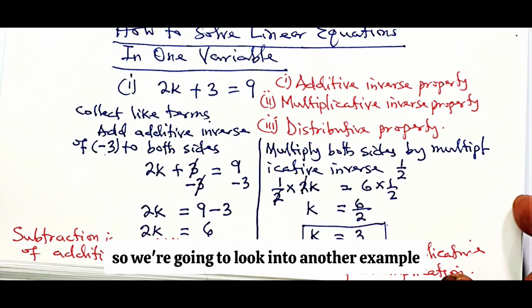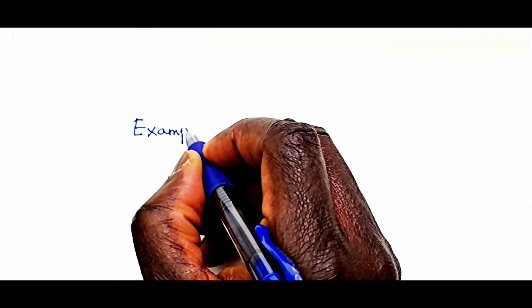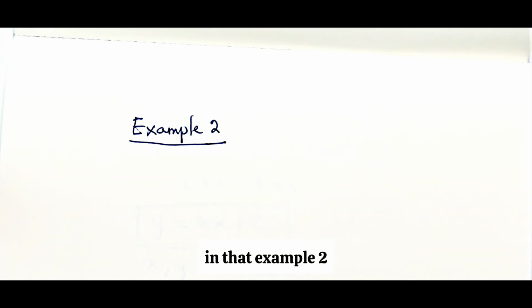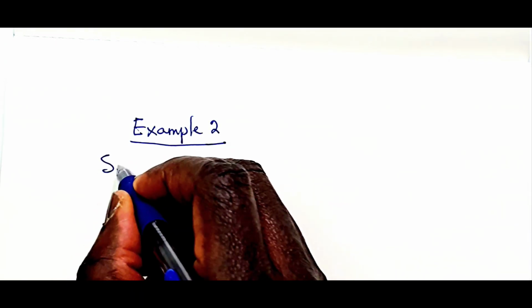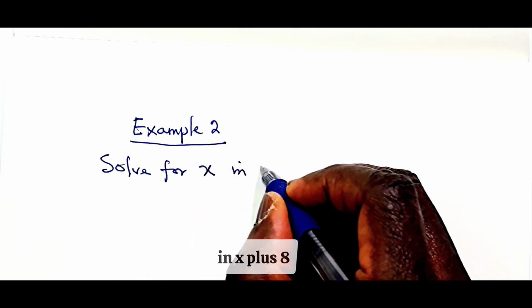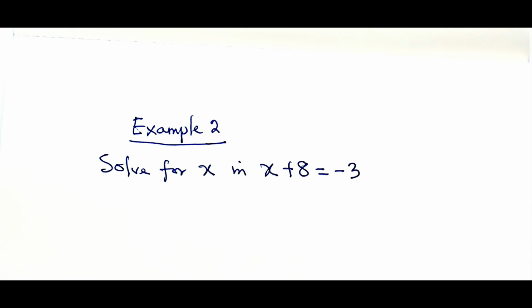So we're going to look into another example. This is example 2. How do we solve for x in x plus 8 equals minus 3? Solve for x in this.